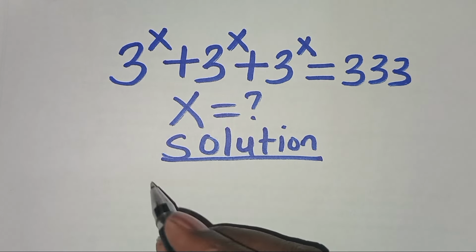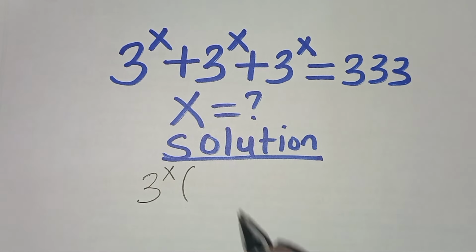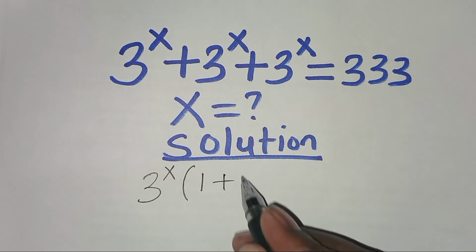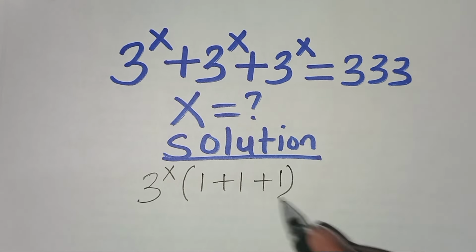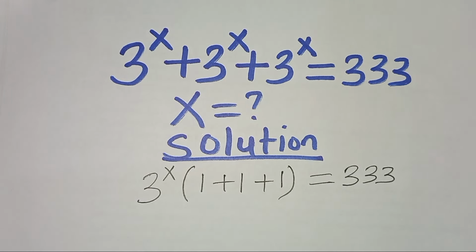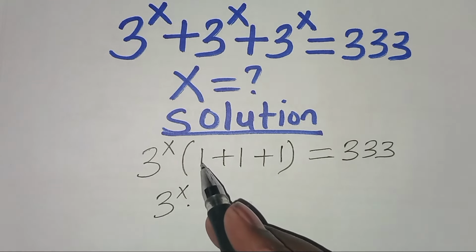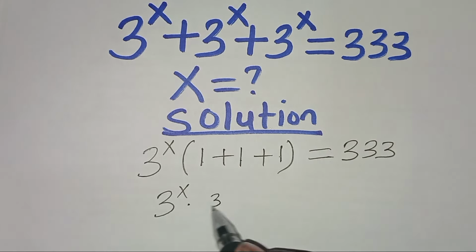Solution here: 3 to power x is common. So we factor out 3 to power x so that we'll have 1 plus 1 plus 1, equal to 333. The second step here, we have 3 to power x multiplied by 1 plus 1 plus 1, which is equal to 3.